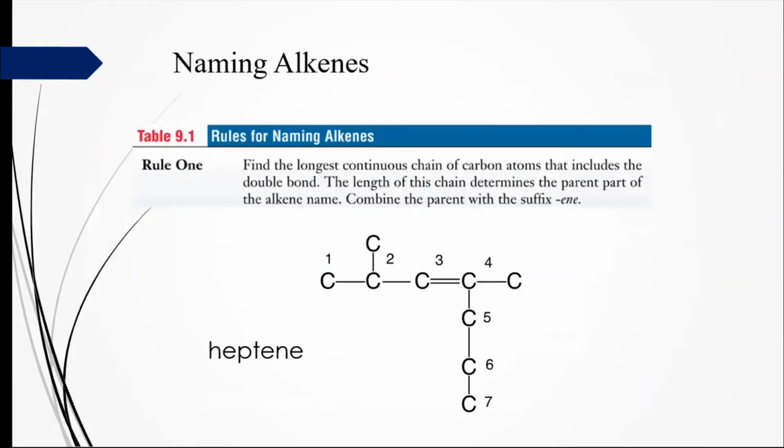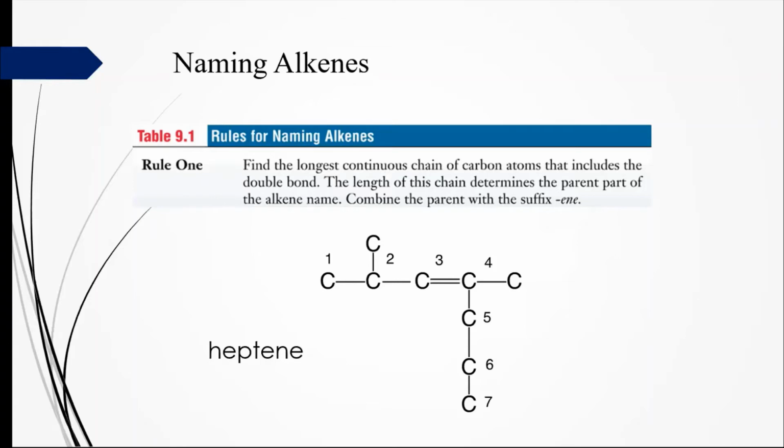Now, alkenes are an interesting part, and how we add them in is with the suffix ene. So we add them at the end. What you want to do first is find your longest chain of carbons, and you're going to use a number to show where that double bond is.